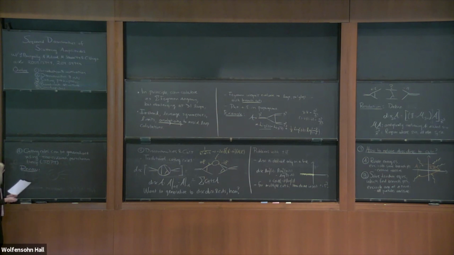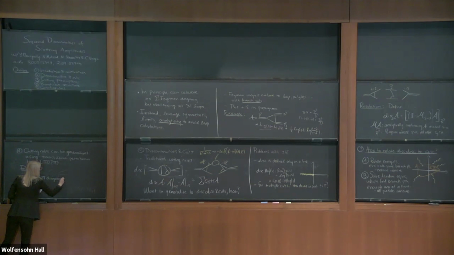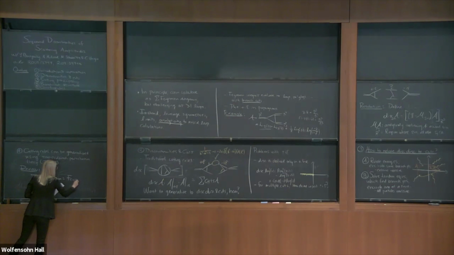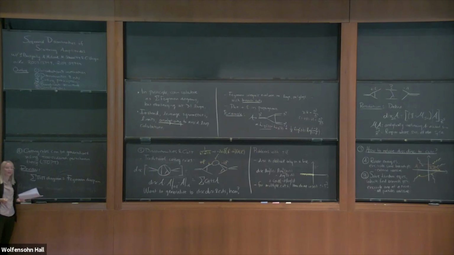So as a review, time order perturbation theory is an alternative way of computing Feynman diagrams, where the sum over all time order perturbation theory diagrams is equal to the Feynman diagram. But in time order perturbation theory, every single vertex is time ordered.